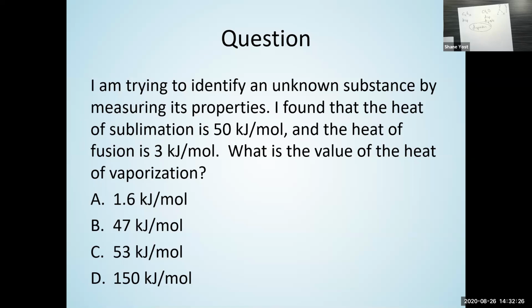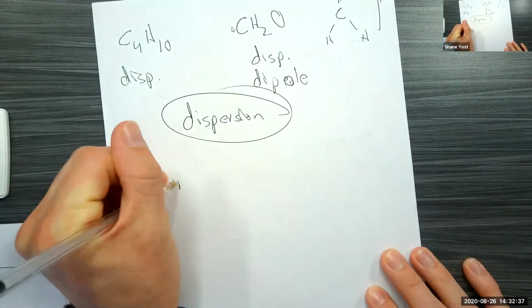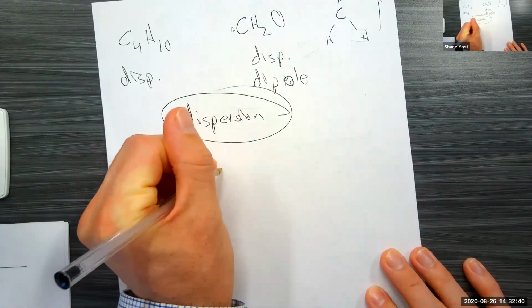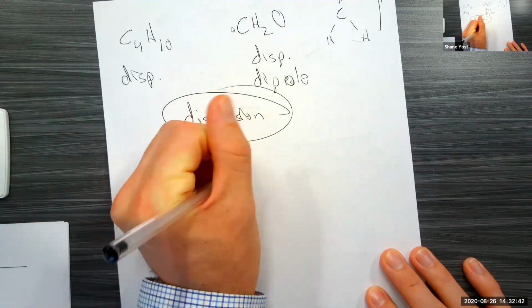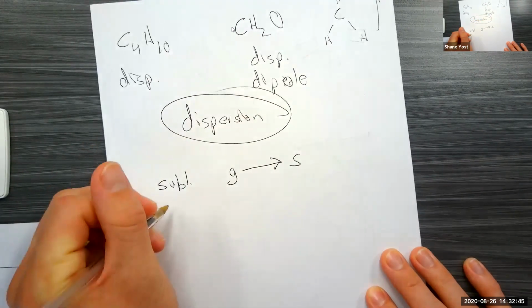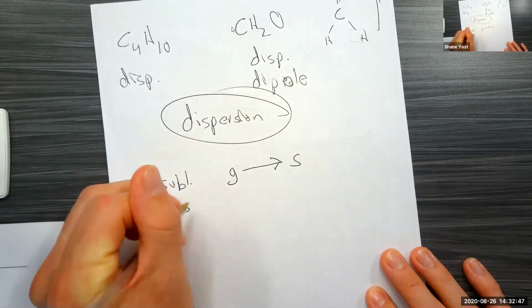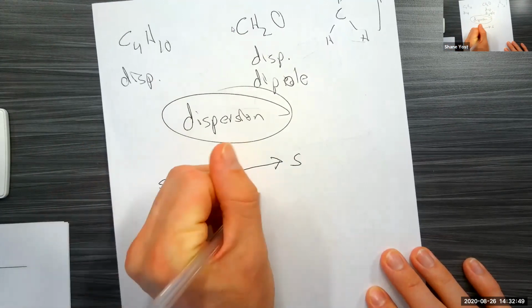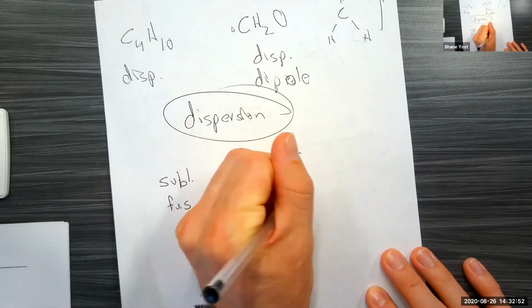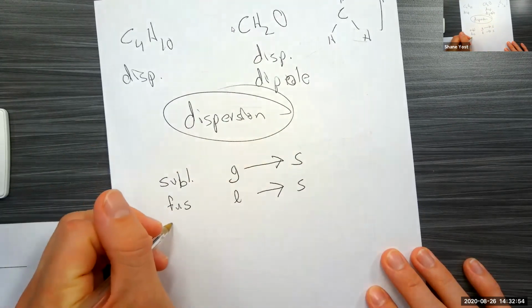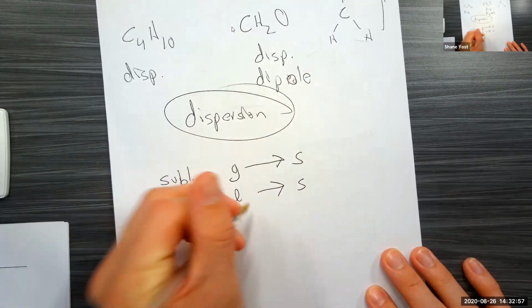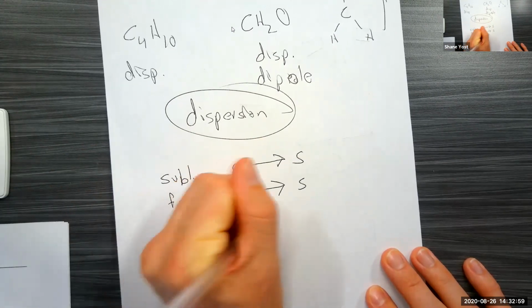All right. So first, let's just think about these phase changes. Sublimation is when you go from a gas to a solid. Fusion was liquid to a solid, and then condensation is from a gas to a liquid.